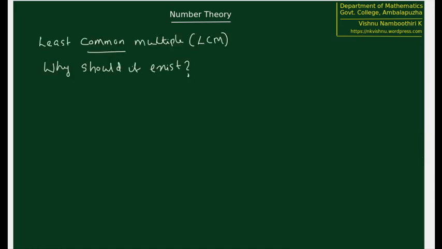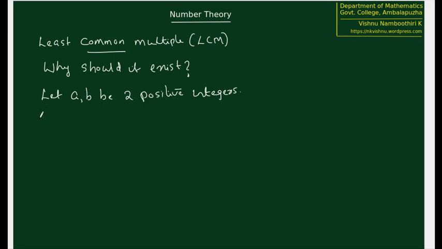The first question that we are going to ask is this: least common multiple or LCM, why should it exist? We are starting with two positive integers a and b. Can we find multiples of a and b?